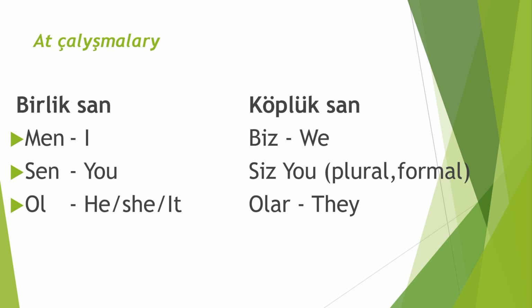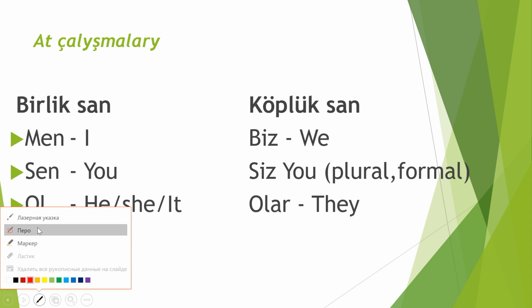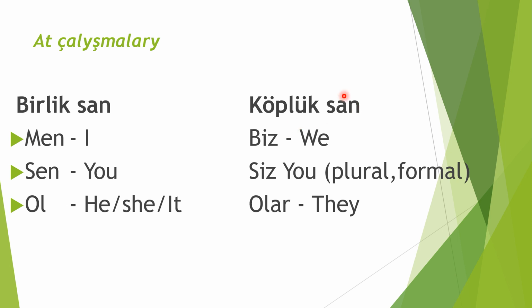So goşulmalary is the personal pronouns. Birlikten, it's singular, and köplükten, it's plural. Men, I. Sen, you. Ol, he, she, it.